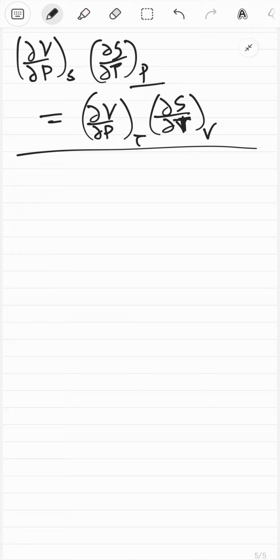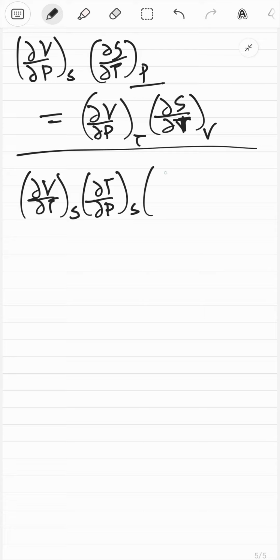So we need to modify a lot of things now so that we can use the Maxwell's relations. So this just becomes partial V by partial T at constant entropy, partial T by partial P at constant entropy, then partial S by partial T at constant pressure, and then partial V by partial T at constant pressure.